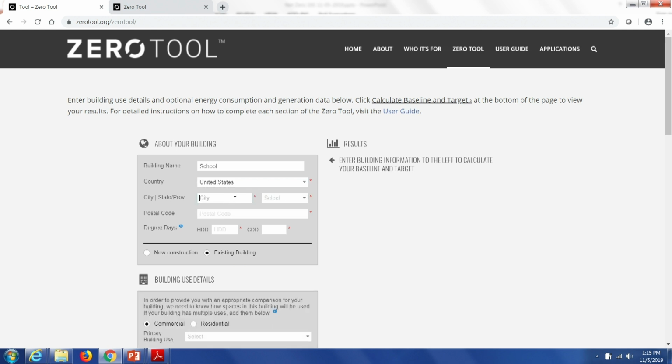So let's say we're in San Francisco, California. What's the zip code of this building? 94107. And if you're designing a building, you want to check new construction.